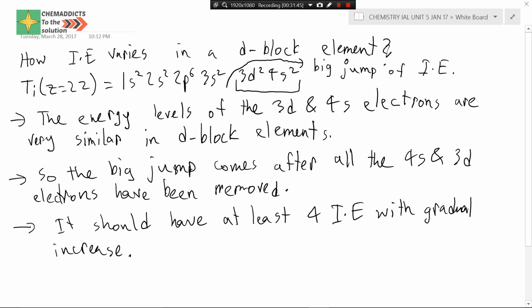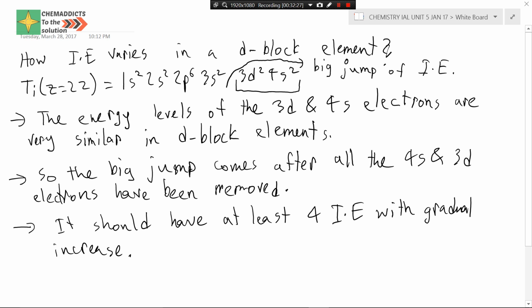The very first transition metal is titanium, and to remove 4 electrons from the 4s and 3d subshells with similar energy levels, we need 4 ionization energies. Since we are removing 4 electrons from these two similar subshells, they will have gradual increase.